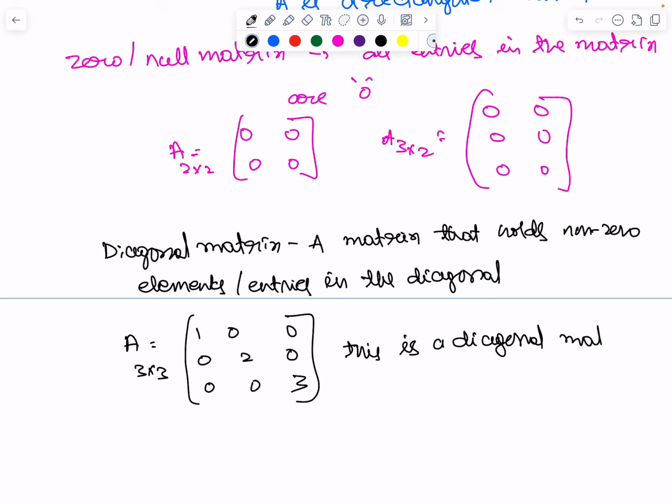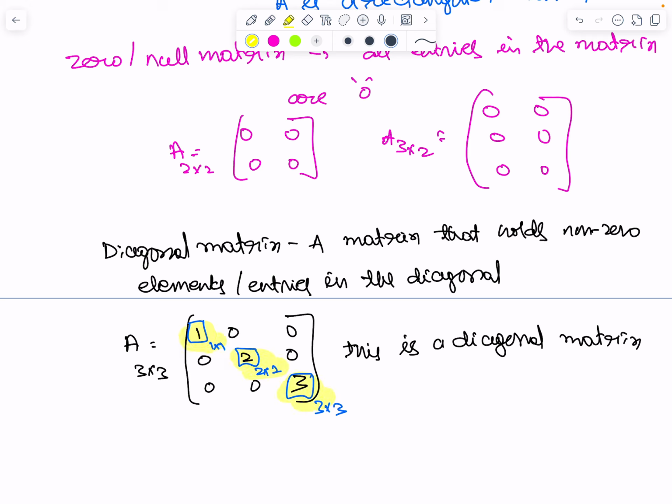Again, you look back at your definition, what exactly it means. You look at this particular entry, this is the 1 by 1 location. This is 2 by 2, second row, second column. This is 3 by 3, third row, third column. So these entries are non-zero. You can look at each one as an individual square matrix.